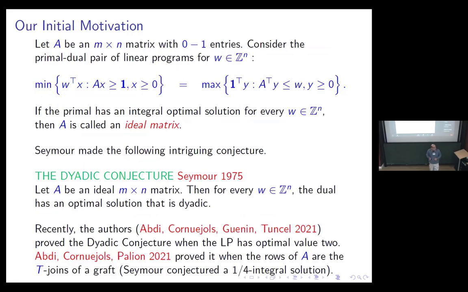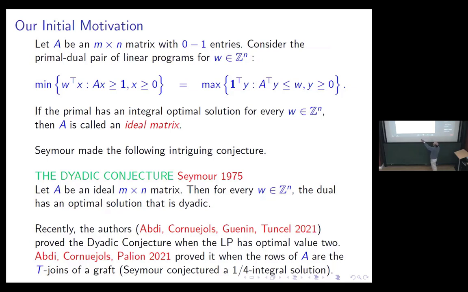Now, our motivation came from a conjecture of Seymour. So here's the conjecture. We look at set covering again. A is going to be a 0-1 matrix, and now we're looking at solutions to Ax greater or equal to 1, the vector of all ones, x non-negative.